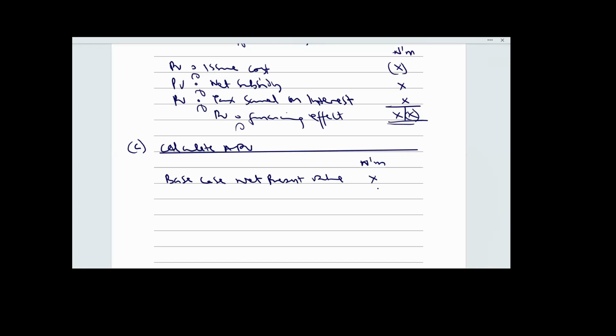You add or minus the PV of financing effects, cash flow. So it could be positive or negative. Whatever you have, your APV may be positive or negative. That is the adjusted present value.